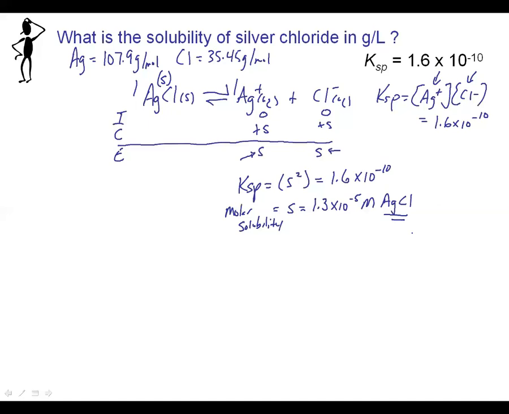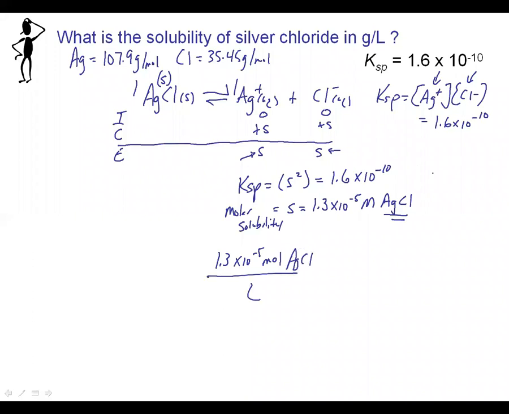But if you relate it back to the entire solid, it will be the solubility of it. Now, that's only the molarity of silver chloride. So that technically is 1.3 times 10 to the minus 5 moles per liter of silver chloride.